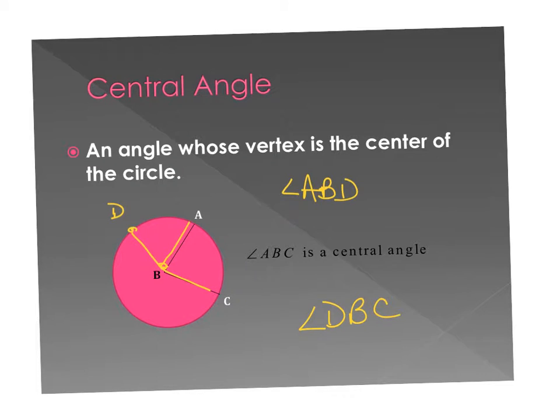But notice in all of the ones that I've written here, the middle letter is the point B, which is the center. So again, the vertex is going to be the center of the circle. And the sides of the angle are using the radii.